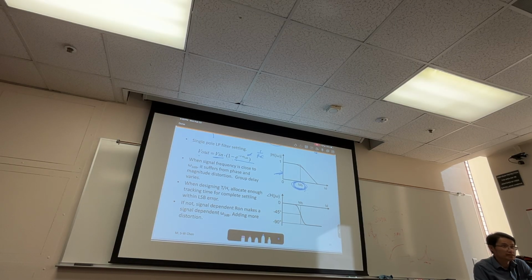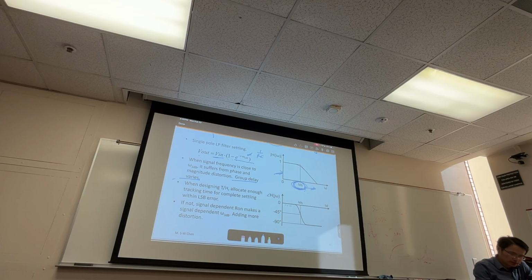At the pole frequency you're gonna shift by 45 degrees, and the slope here is different, so be careful. So if your input frequency is closer to the corner frequency, you're gonna see some phase distortion around that. So that's also another good reason why you wanna keep this corner frequency as high as possible, so you don't get close to your signal frequency. Otherwise, you're gonna have distortion. Group delay will vary.